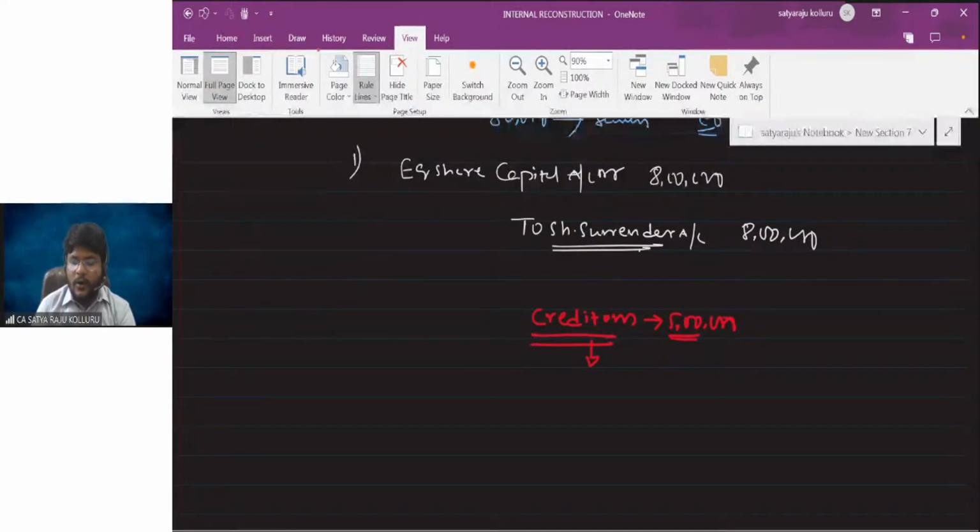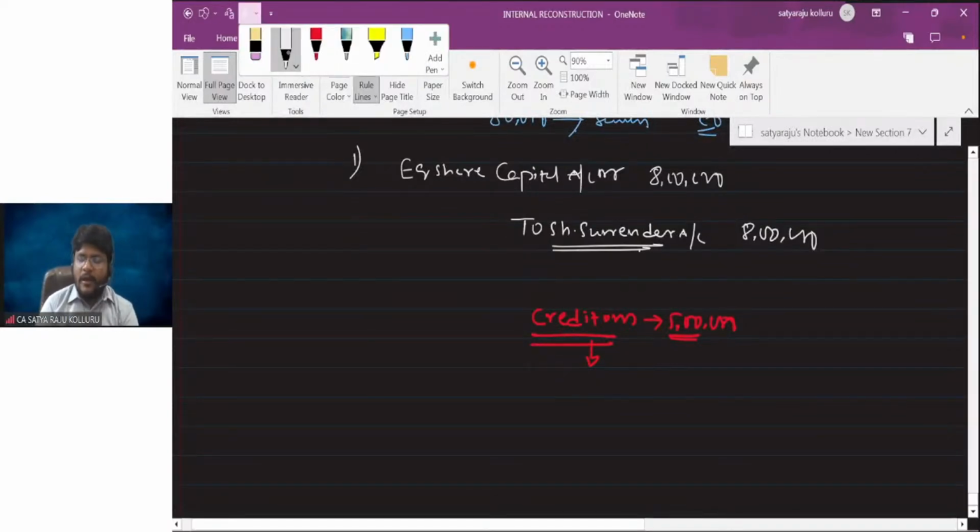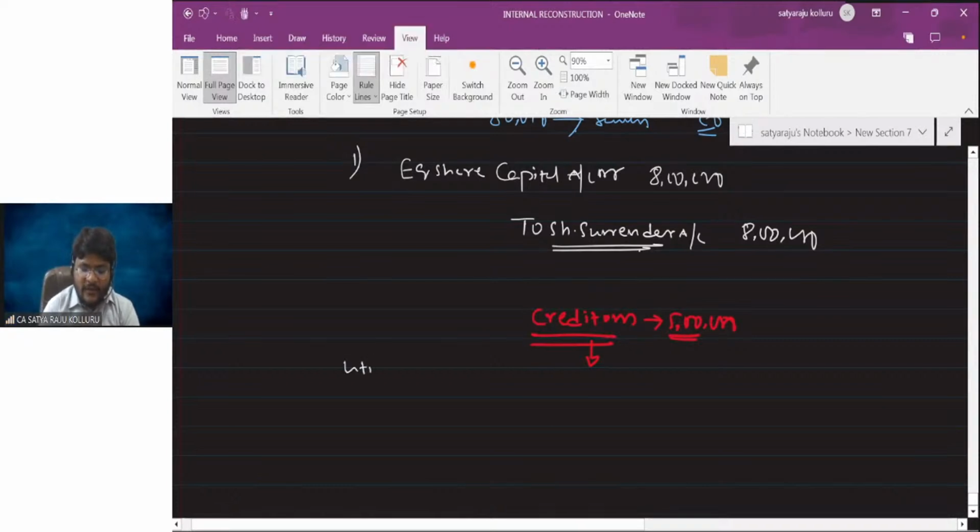Then what is the journal entry I need to pass? First, if you are going to issue equity shares out of share surrender, you need to utilize the share surrender.